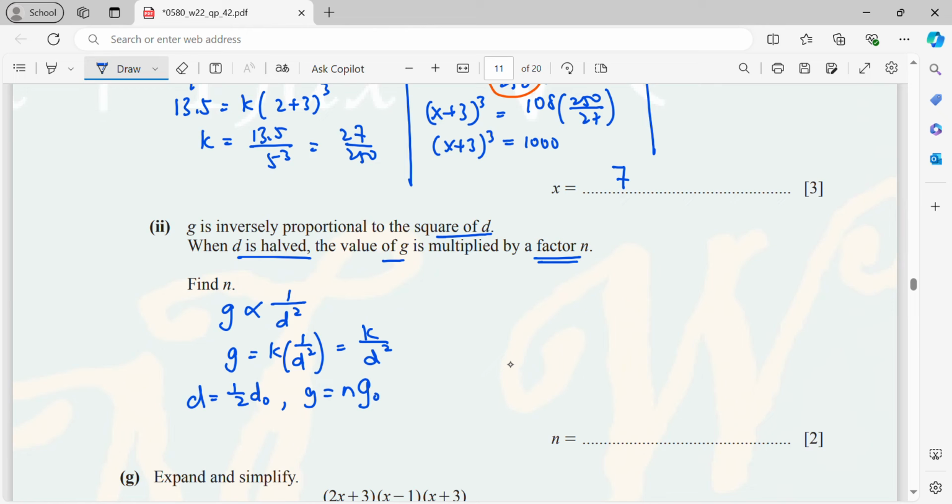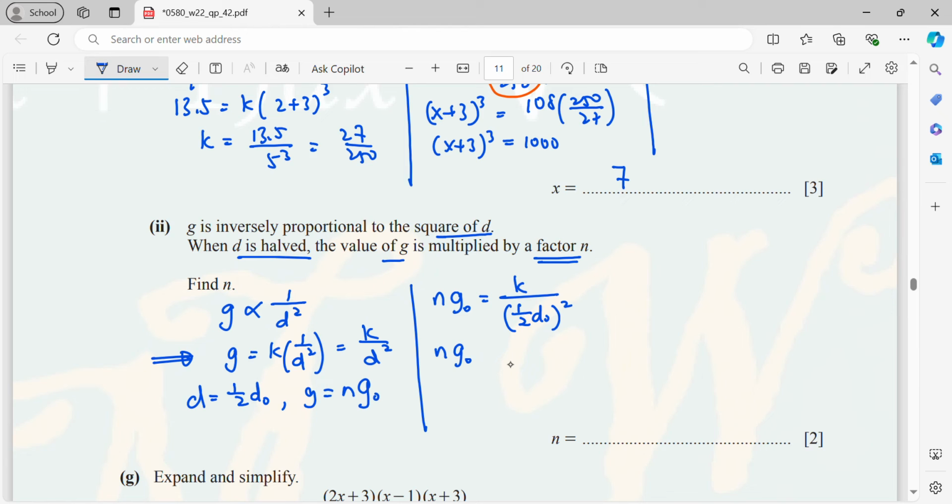Okay, so now you need to find the n. So now just substitute directly into this equation. So I will write n G naught equals to k over half D naught squared. Okay, then from here I will get n G naught. This half D naught squared you move to the other side because we need to find the n now.